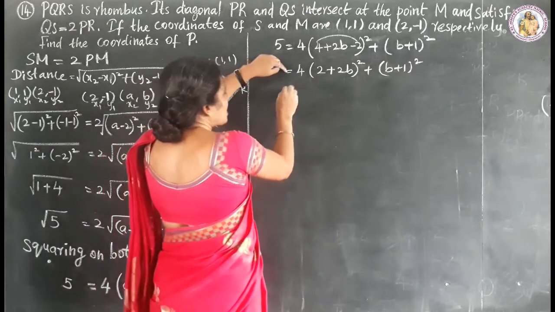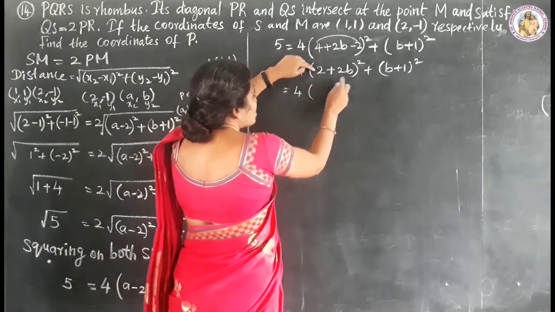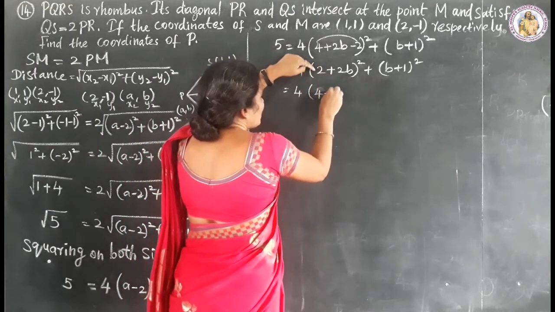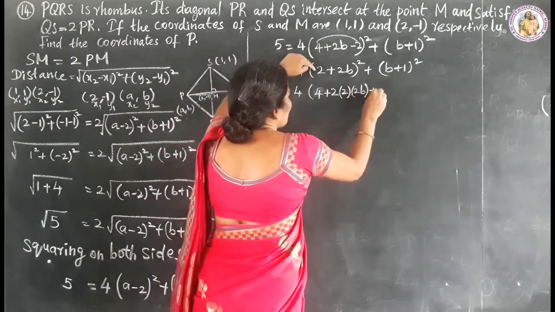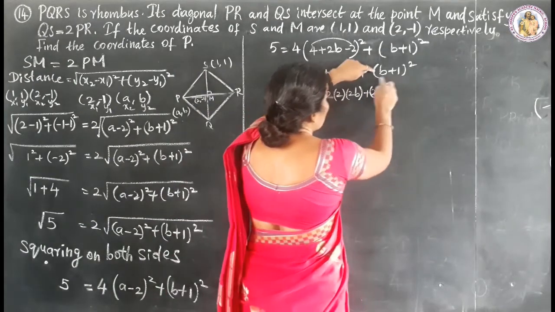Okay, now the next step 4 times A plus B whole square. A square is 2 square, that is 2 2s are 4 plus 2AB, 2 times 2B, plus 2B square. Okay, plus A plus B whole square.